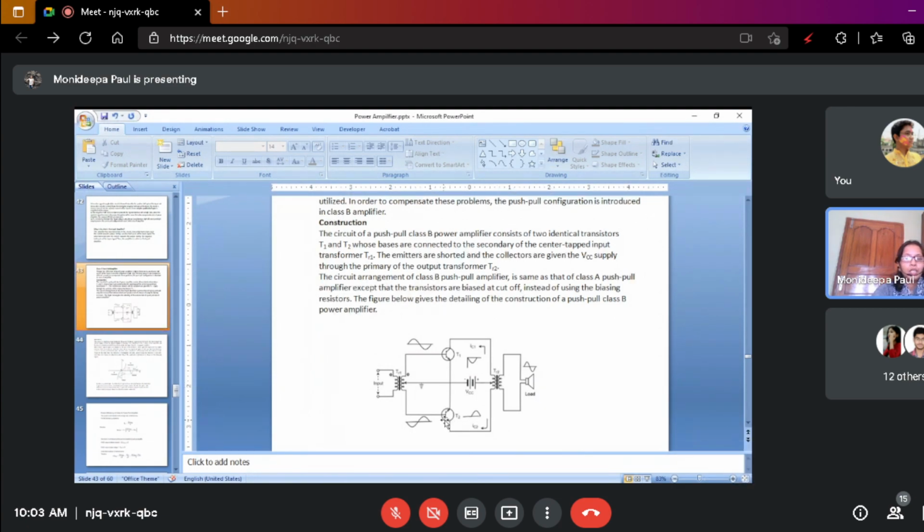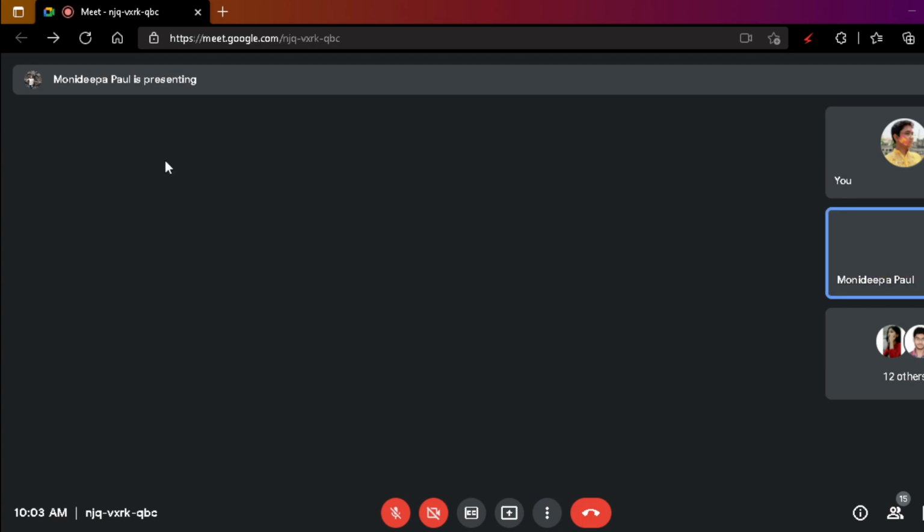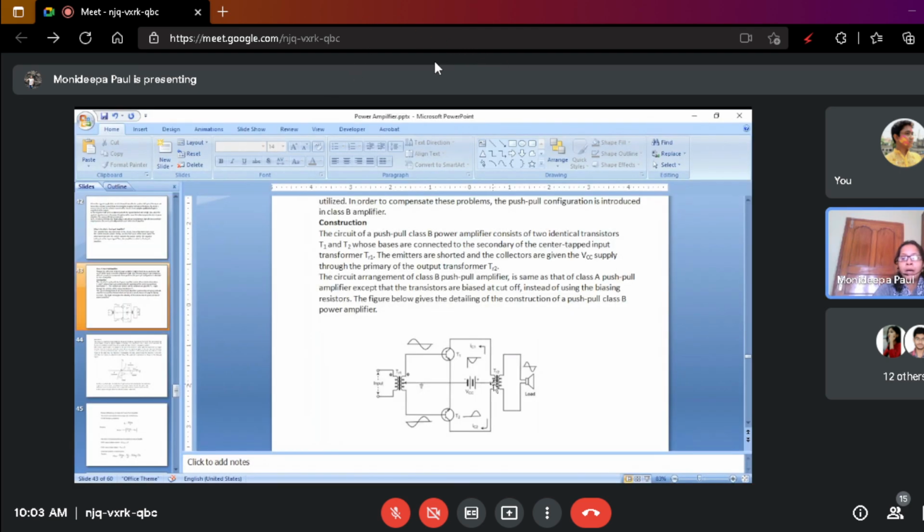Similarly, during the negative half cycle of the input AC signal, this transistor is in conduction mode, so current is flowing through the lower half of the primary winding of this transformer. At that time, in the upper half there is no current, only the lower half current is flowing, and due to the transformer action, depending on the number of turns in the secondary winding, we get the voltage.